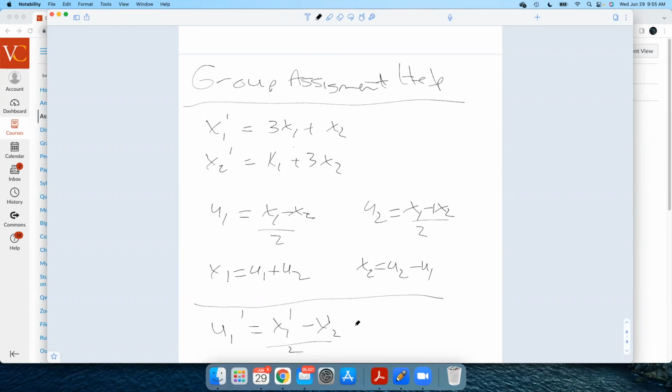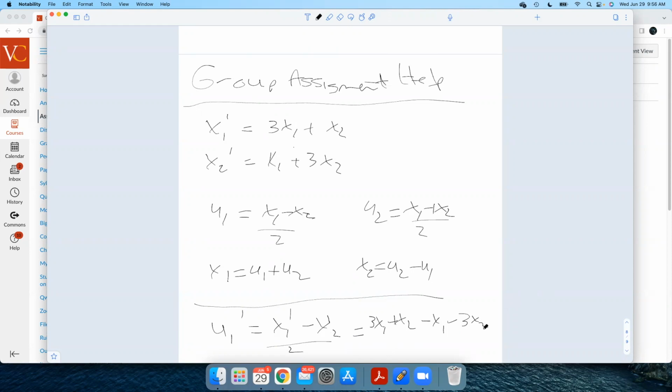They're right here. So plugging this in right there, I'll get 3x1 plus x2 minus, now I'm going to subtract all of this. So I'm going to have to distribute that minus an x1 minus 3x2.